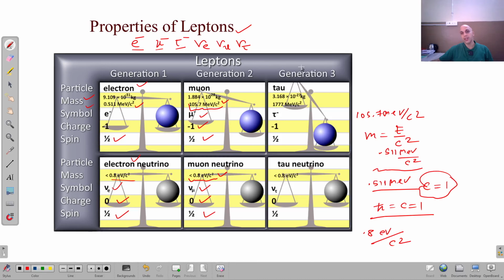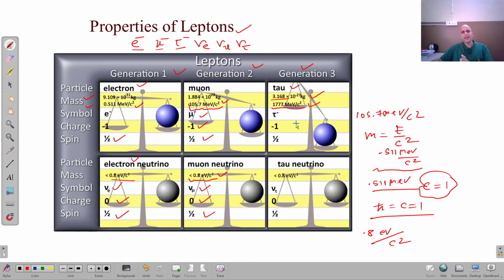Now I am coming to the third generation, right? This is second, this is first. In the third generation, you have the tau particle, and the tau particle is very heavy as compared to the electron. You can see here 1777 mega electron volt upon c square, and in terms of kilogram, 3.168 into 10 raised to power minus 27 kilogram.